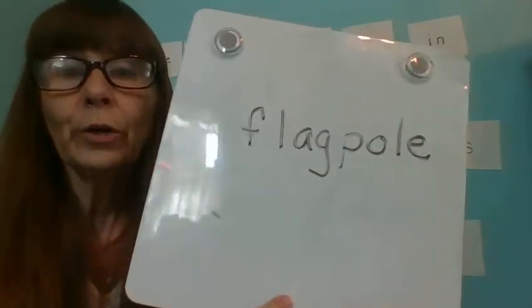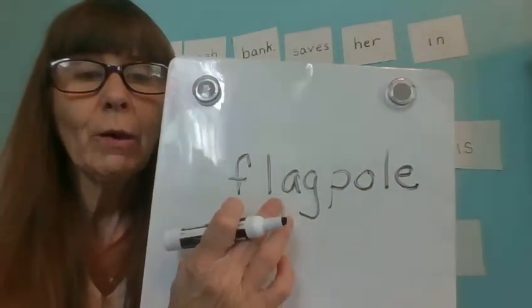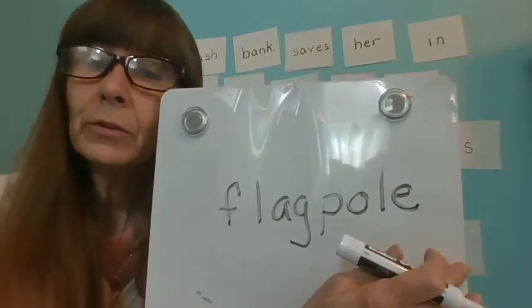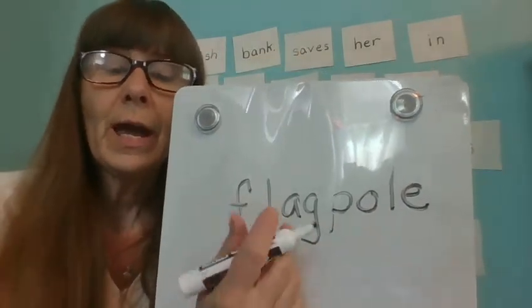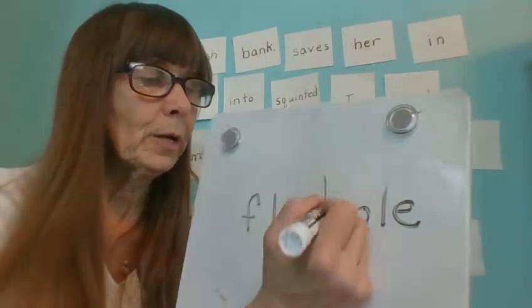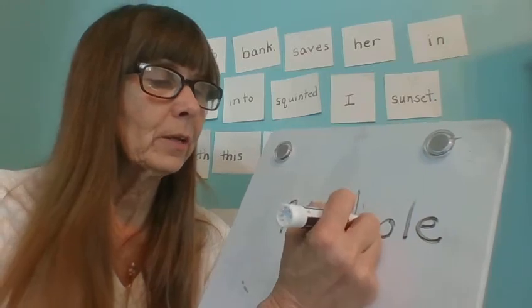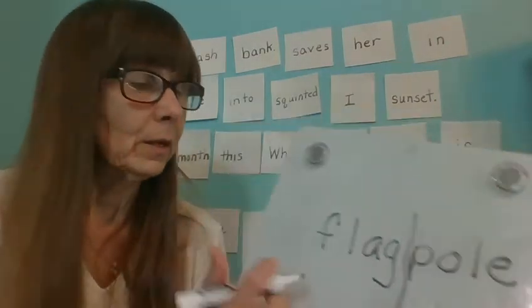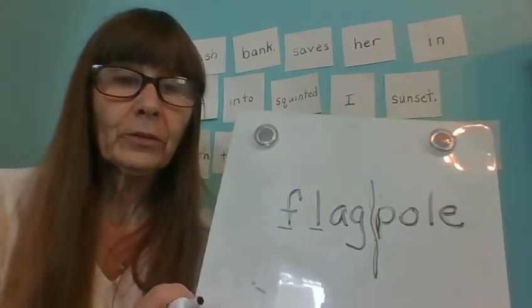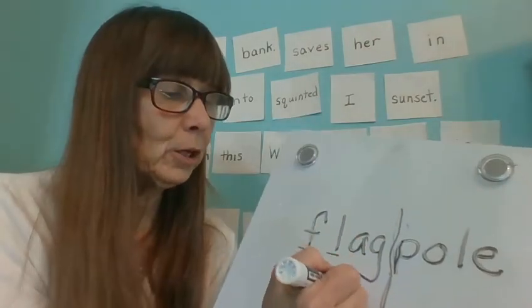So here's our word. We see two vowels and an E at the end, which means that there's going to be a long vowel sound, and two consonants in the middle, so we're going to split it, and you might already recognize that word. So we have a blend at the beginning, two consonants. This is going to be a closed syllable.